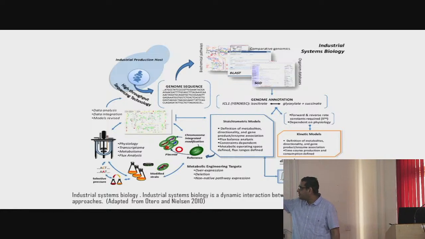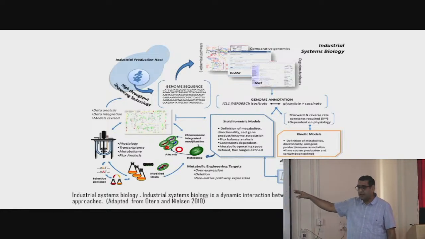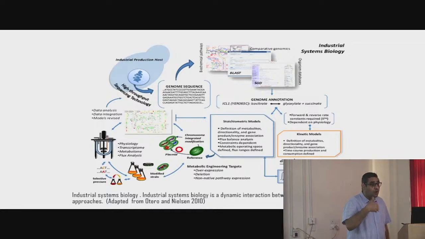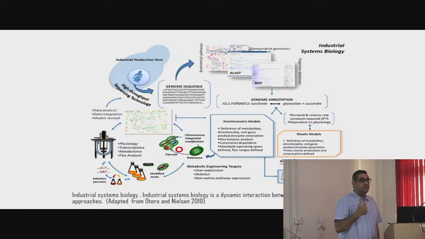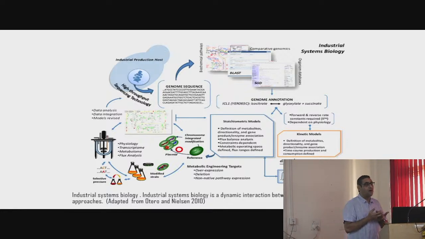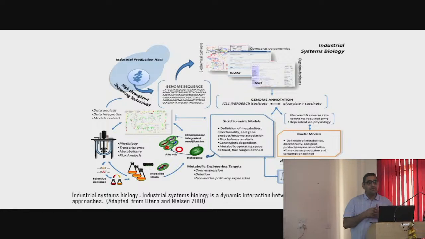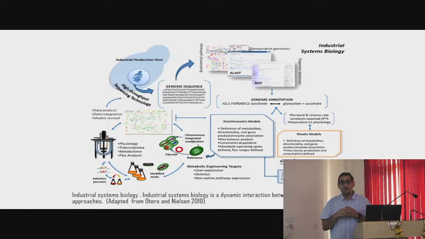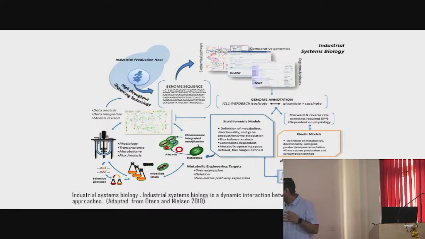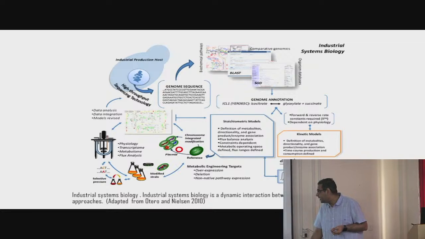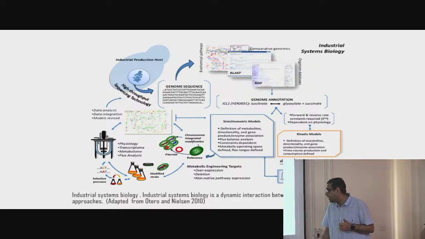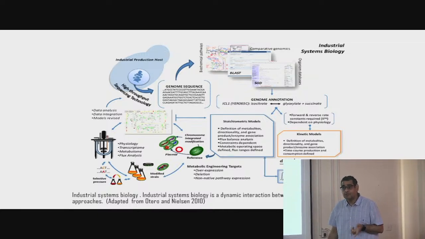Industrial production host is there. You see, high throughput sequencing technology. So how to get a high valued clone? Because if you don't have a good clone, it will not give you a good profile of the product. So when you talk about metabolic engineering, you should have a high value, high production clone, and then after you get all this data available, physiological experiment, transcriptome, metabolome and flux, you have to study.